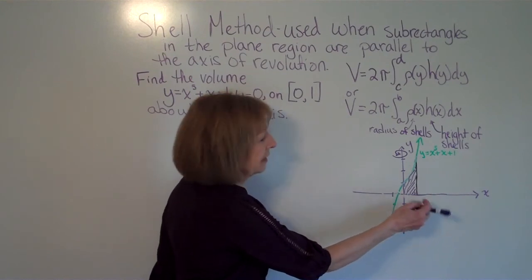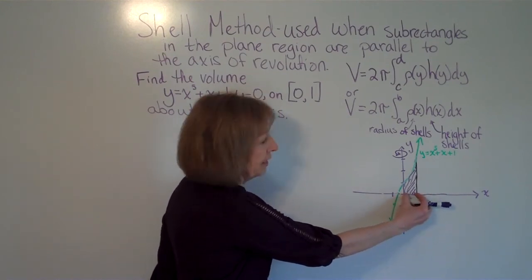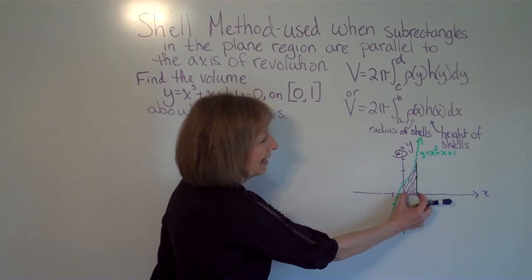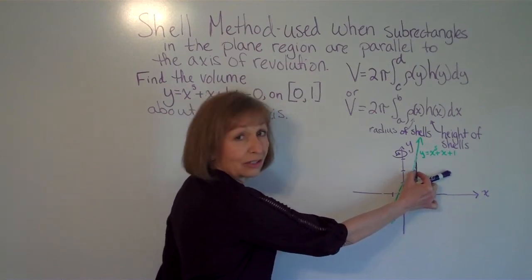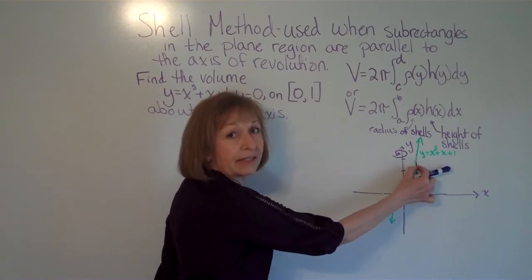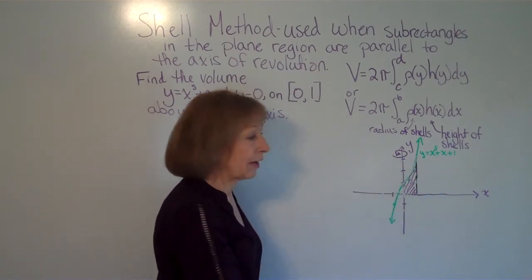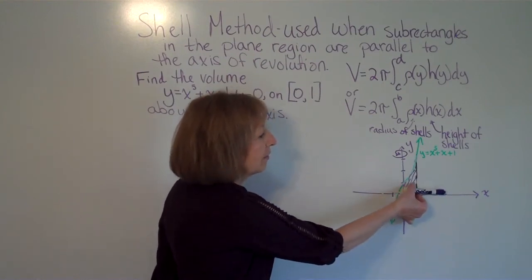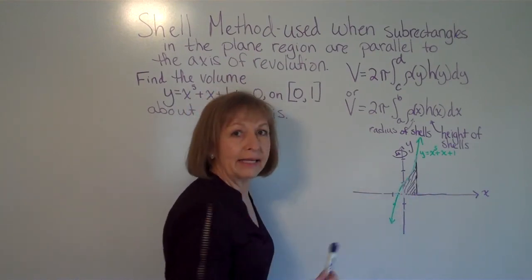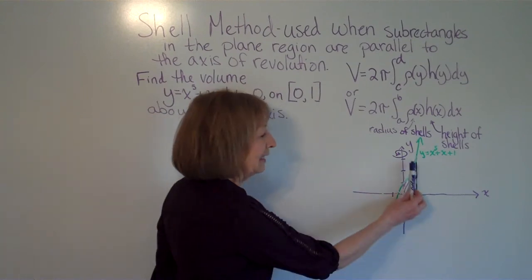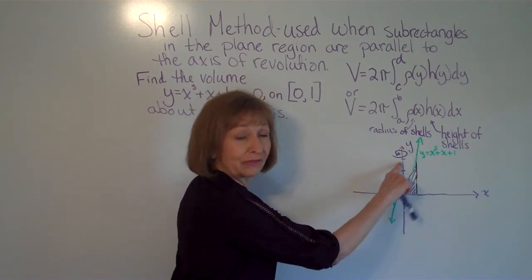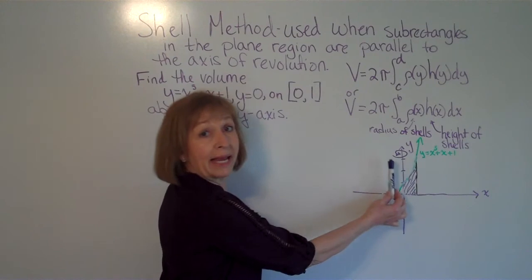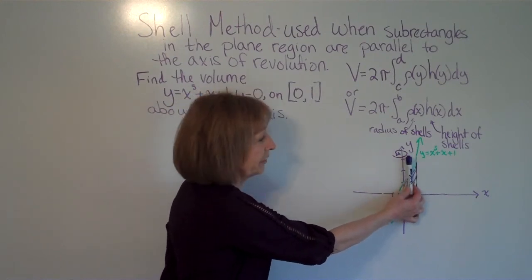Another difficulty is that I don't have the same situation throughout: from the y values 0 to 1 I have one boundary, and after that I have 1 minus the curve. That's where solving for x as an expression of y would have to occur if I ran them horizontal. So I need to use dx, which means I need to run my subrectangles vertical, but my axis of revolution is vertical, so they are running parallel to the axis of revolution instead of perpendicular to it.